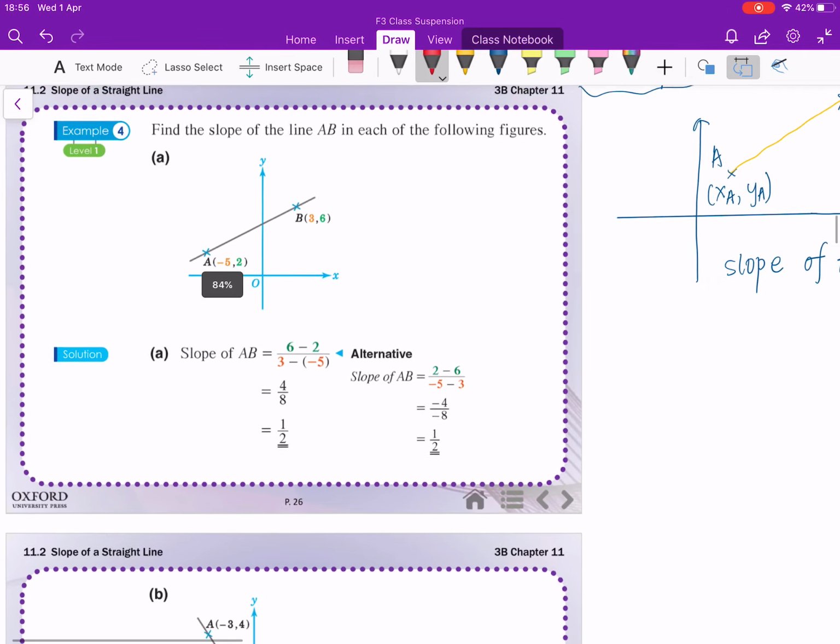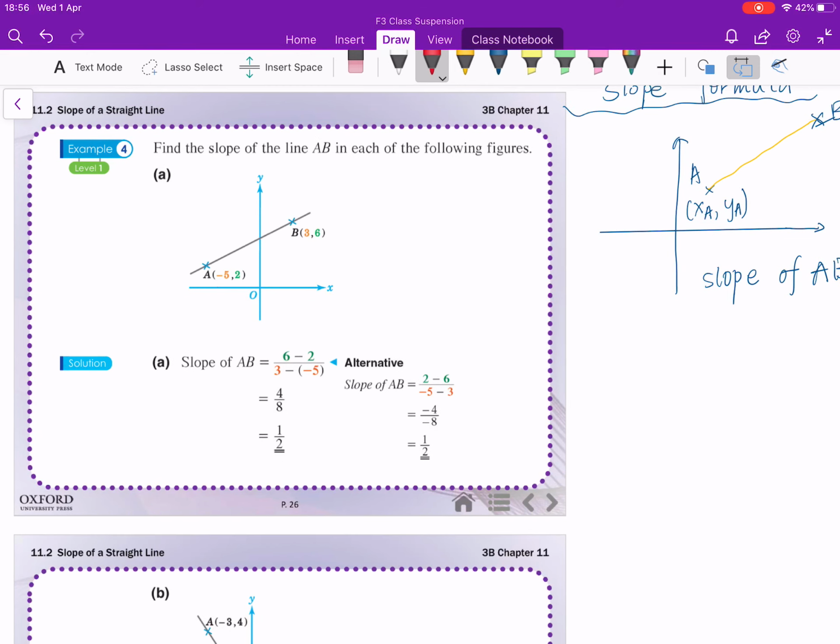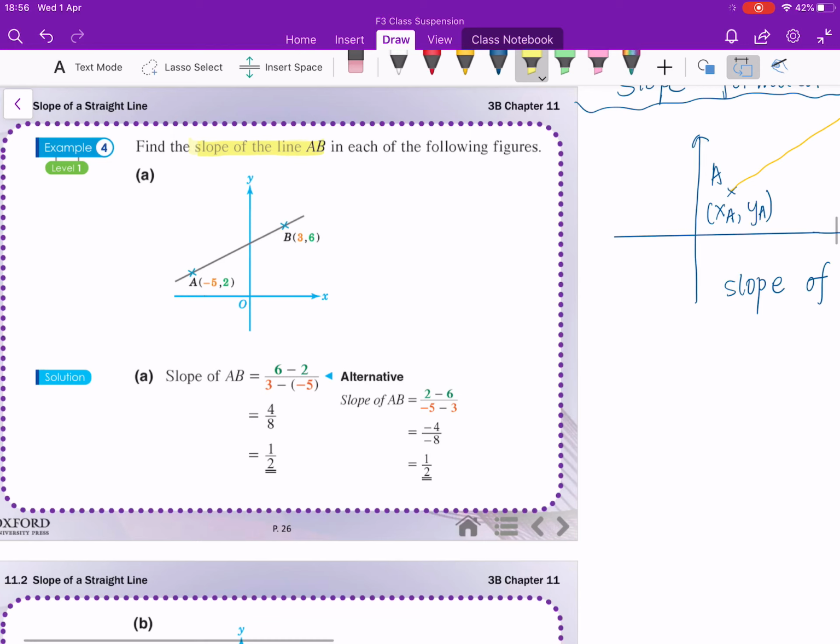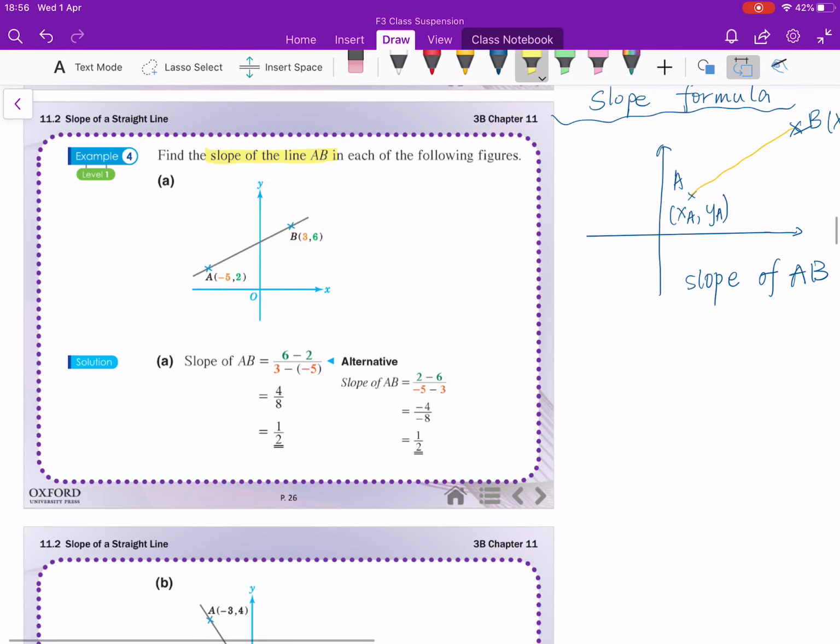So let's see some examples. For example, Example 4 in the PowerPoint asks you to calculate the slope of the line AB, the straight line joining them.